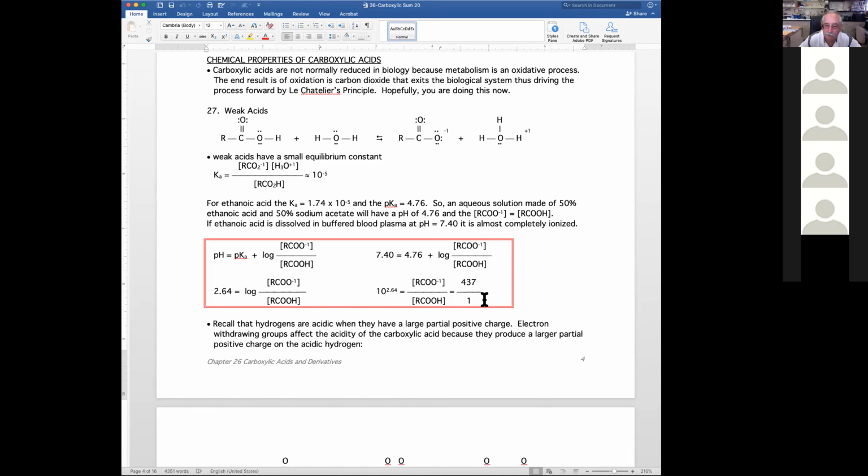Does that make sense? So in biology, why do we say lactate instead of lactic acid? Because it's almost all entirely in the ionized state. Why do we say pyruvate instead of pyruvic acid? Why do we say citrate instead of citric acid? All because of that.